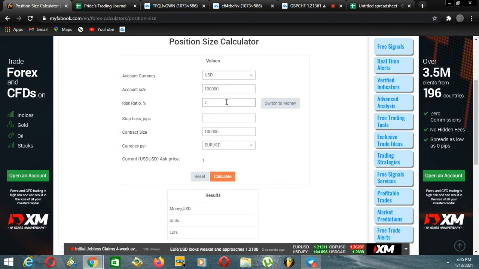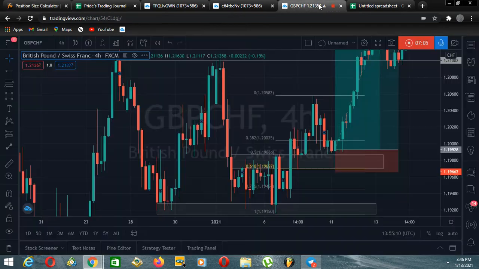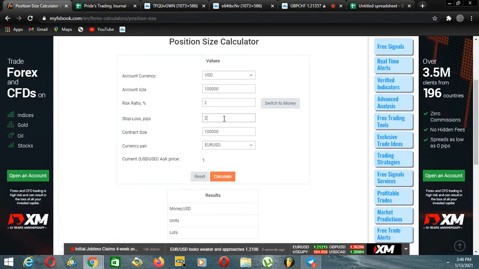If you're willing to risk 2%, because the number one rule is you should risk a fraction of your trading account, you type 2%. Then stop loss: you saw it was 27 pips, you can round it off to 28 pips. Let's just say 28 pips. We're going to risk 28 pips.